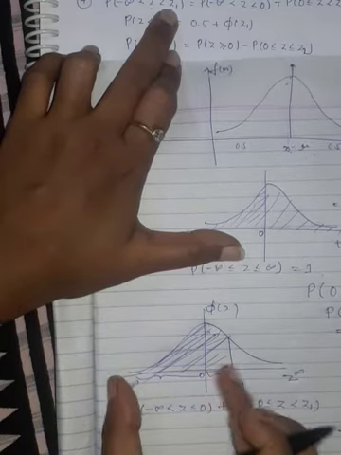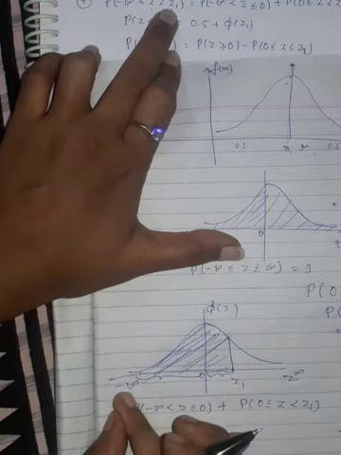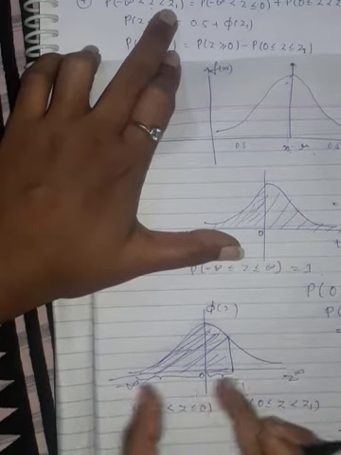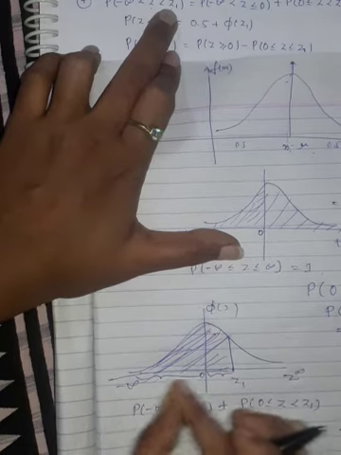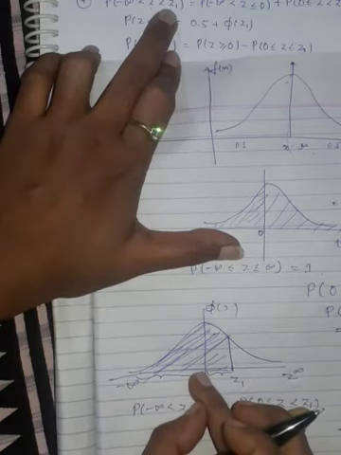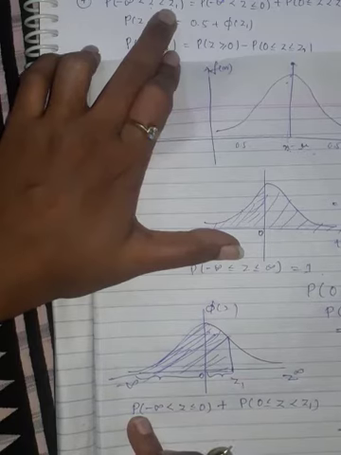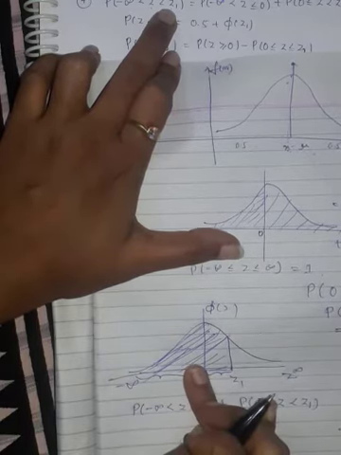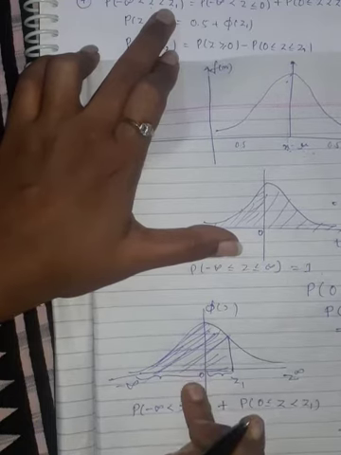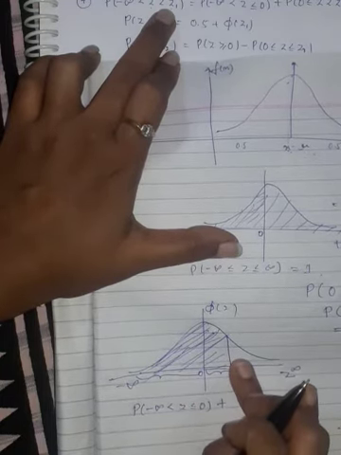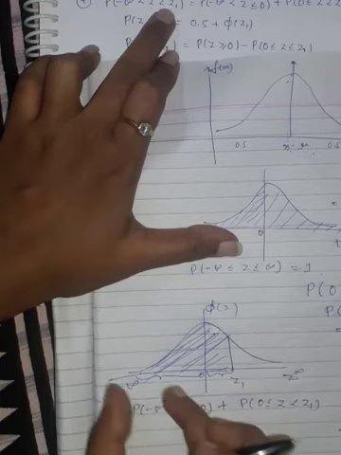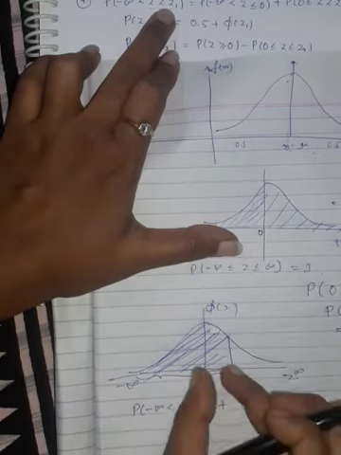Means the total area from minus infinity to z1 can be written as the sum of two parts, minus infinity to 0 and 0 to z1. That is probability where z lies between minus infinity to 0 plus probability where z lies between 0 to z1.